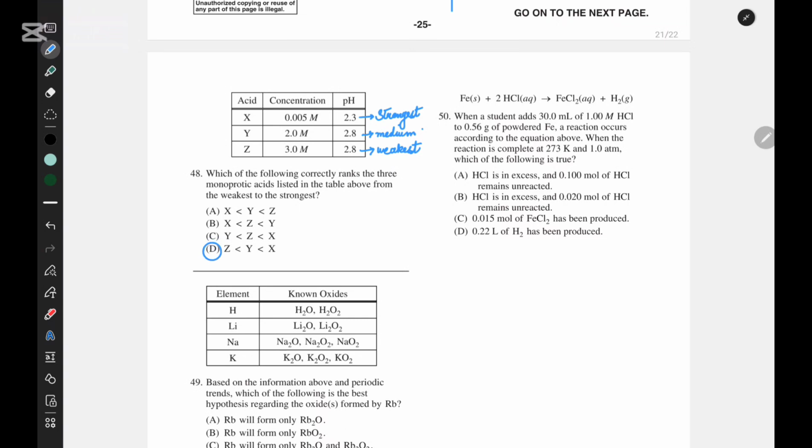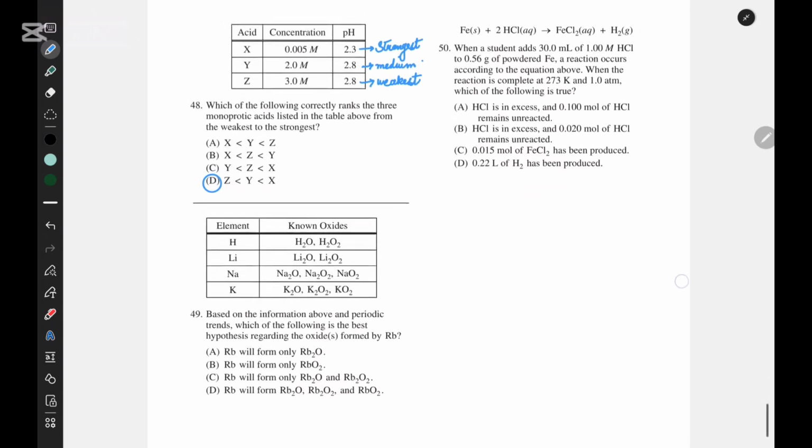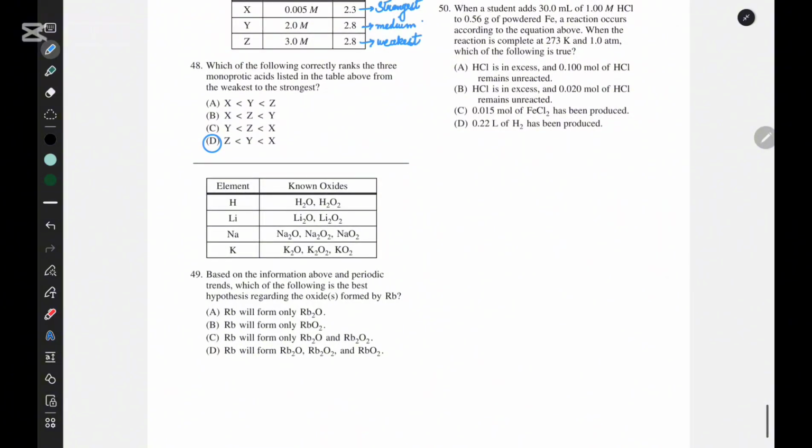X is the greatest, then we have Y, then we have Z. Based on the information above and periodic trends, which of the following is the best hypothesis regarding the oxide formed by rubidium? Rubidium belongs to group 1 and it is down the group as compared to potassium.